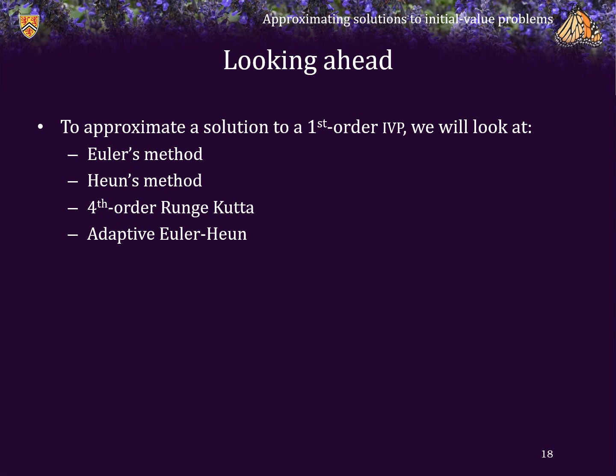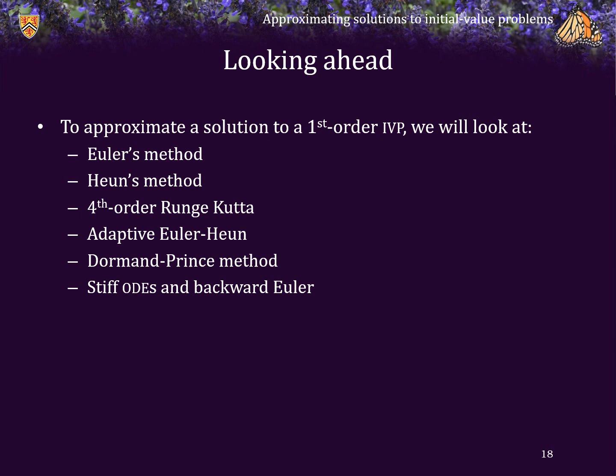This is interesting because it's going to then allow us to introduce a technique that is used quite commonly today, and that is the Dormand-Prince method. Finally, we're also going to introduce something called a stiff ODE and the backwards Euler method. But this will be for a special case.